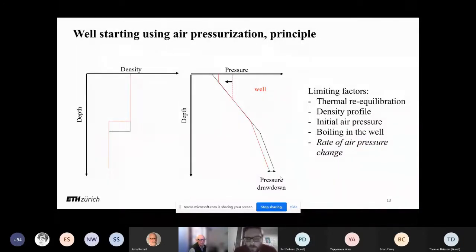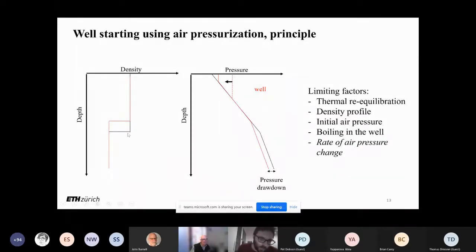The limiting factors for this would be thermal reequilibration, because if you're not doing it fast enough, then this fluid will start to cool down and density will re-increase because it will cool by temperature diffusion with the formation. Another limiting factor will be the density profile.